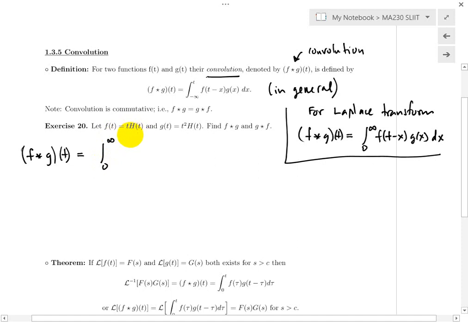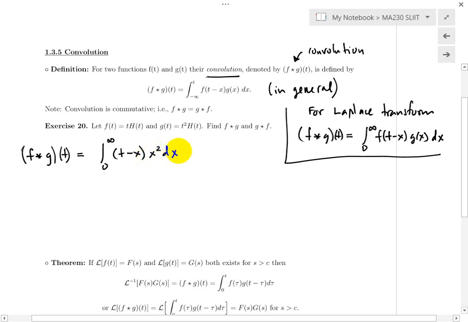F is t. So what I need is not f(t), I need f of t minus x. So if f of t is t, then what is f of t minus x? So t minus x. And g(t) is the same thing. If g(t) is t squared, g(x) is going to be x squared dx.